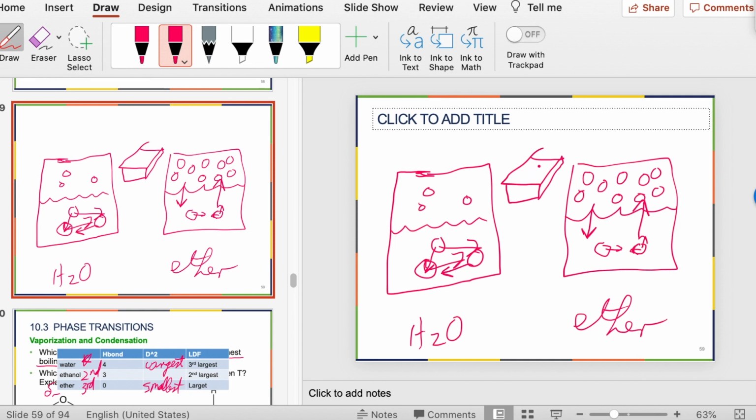Iron, I believe you have to get it over 1,000 degrees Celsius for it to melt, and a much higher temperature for it to vaporize, to boil. So iron has very strong forces of attraction, very low vapor pressure. You don't smell iron on a hot day. Okay, you don't smell water either, but you sure will smell ether.